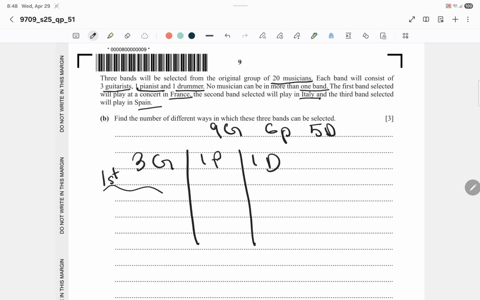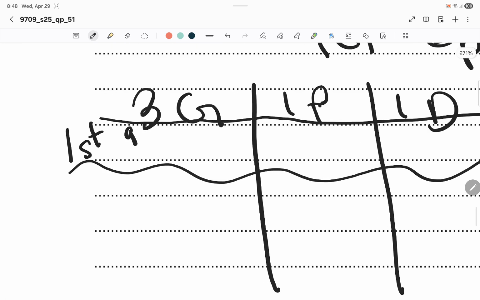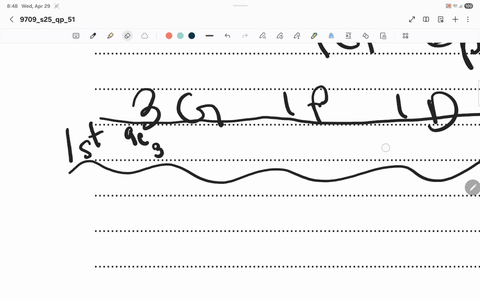So for the first band, you basically take 9C3 into 6C1 into 5C1.